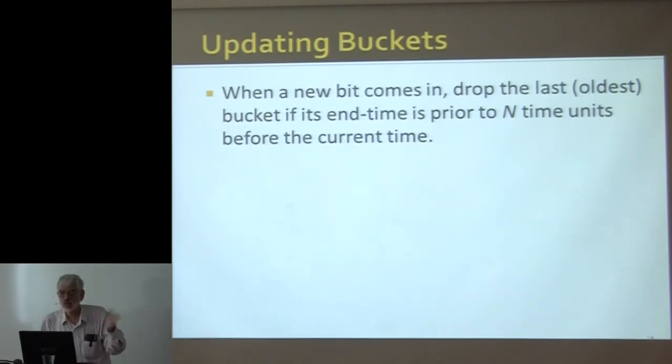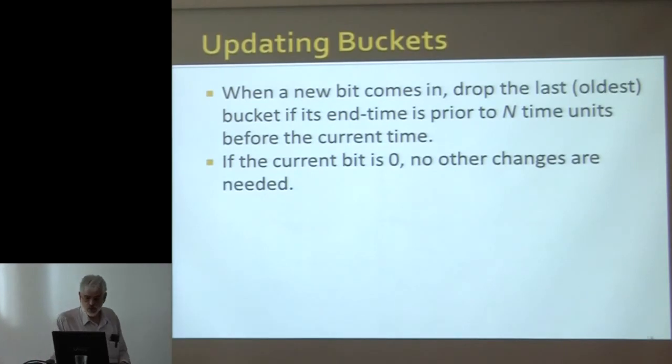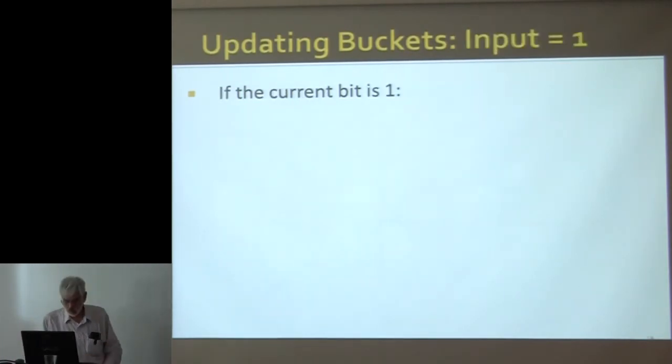That's why we only need to calculate times modulo n. Now, if the current bit's 0, that's the end. That's all we need to do. The buckets stay the same, because the interesting thing is what happens when the current bit is a 1.